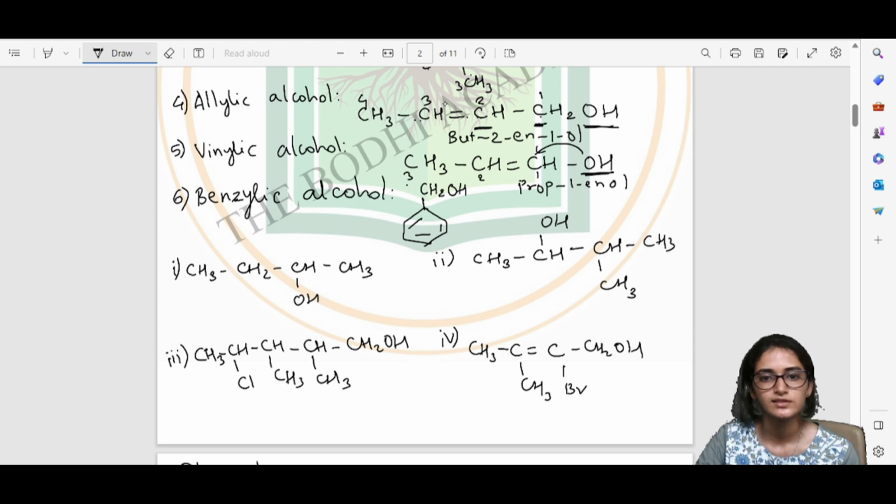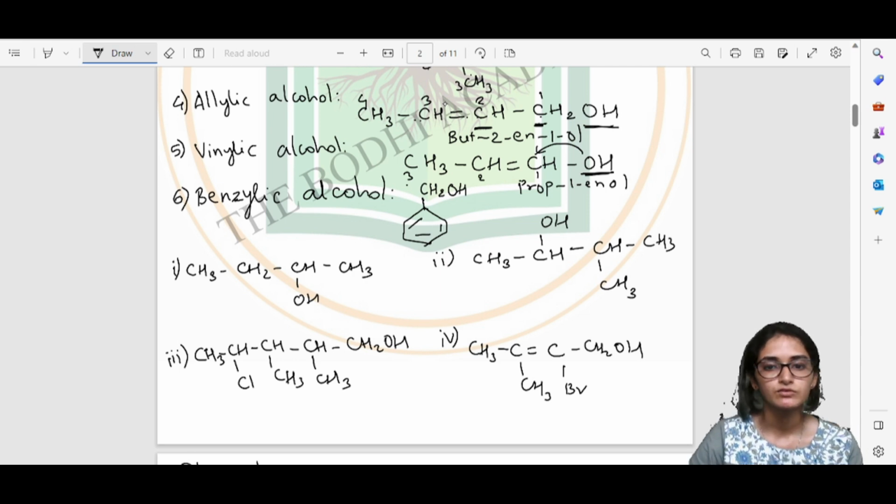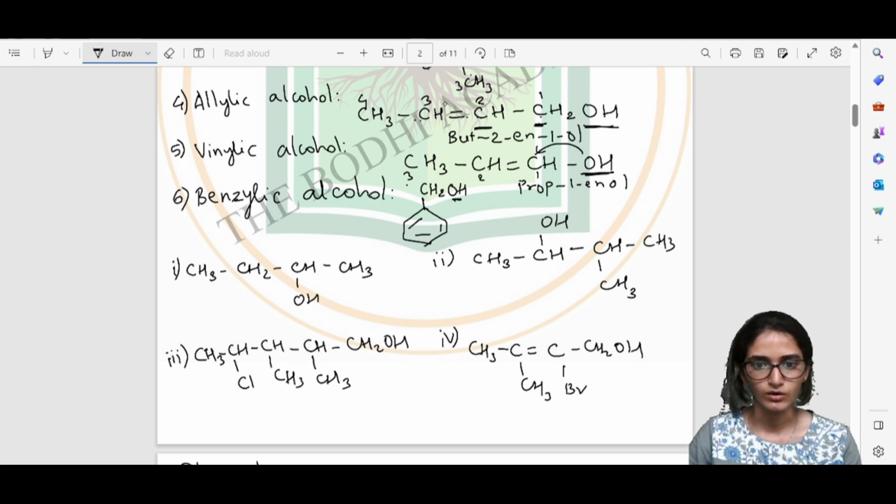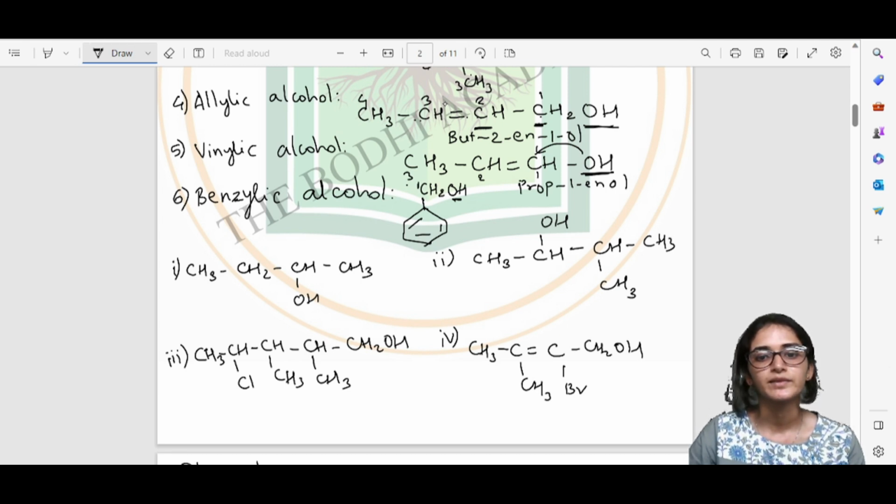Now this one is benzylic alcohol. What will be the name here? What is the functional group here? OH. So the higher priority goes to the OH group and not the benzene ring. Since more priority goes here, this chain is very important, so we will start numbering from here. Since there is only 1 carbon, the number will be only on this carbon, and the phenyl group will become the substituent.